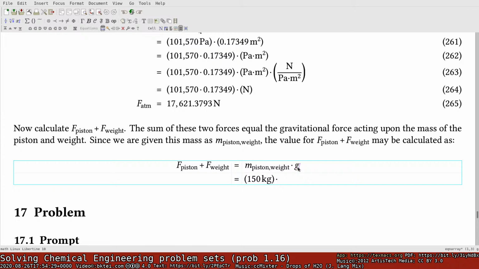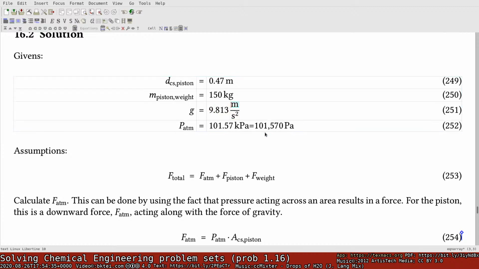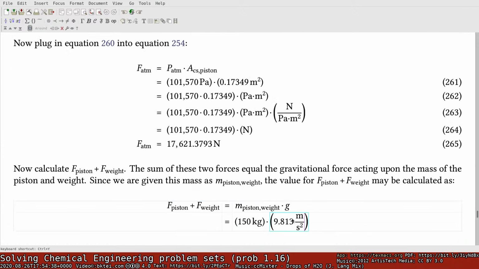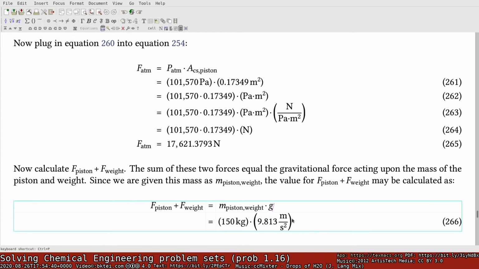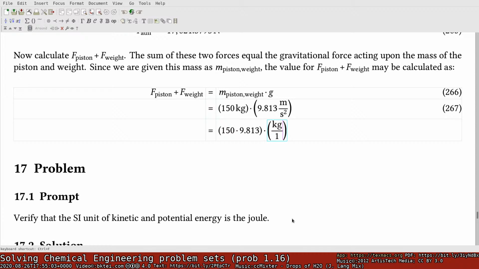Times g, which we already have a value for. We're given it in the problem, 9.813 meters per second squared. Let's add numbers to everything here. So that should give us a force in newtons. Since we're already in SI units, it'll just be straight newtons. All right. So 150 times 9.813. We'll put the units over here. So we got kilograms times meters per second squared.